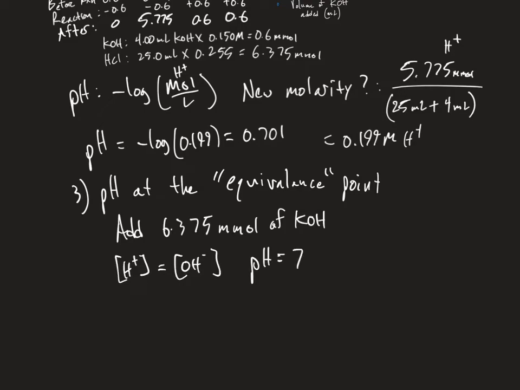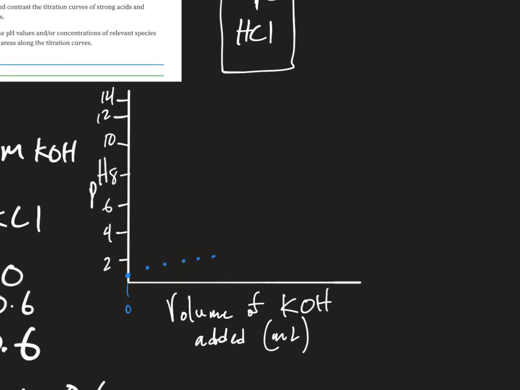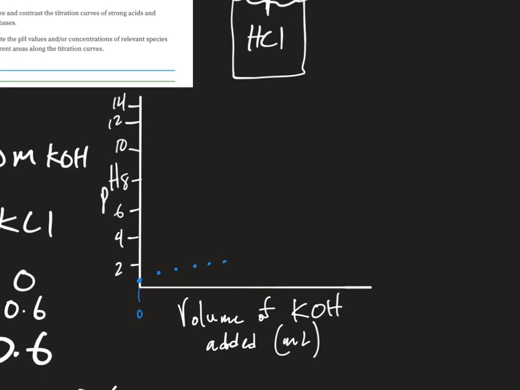So if we go back to our pH curve, this is a big jump in the pH. Notice as I go along here on my pH curve, I'm adding a little bit of KOH, I'm increasing the pH a little bit as I neutralize acid, but look at this big jump. Now we've jumped all the way up to there.